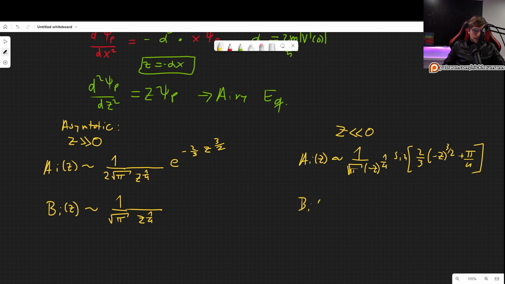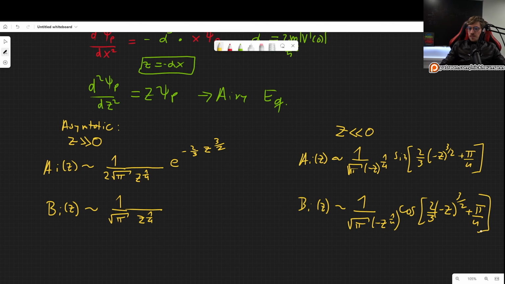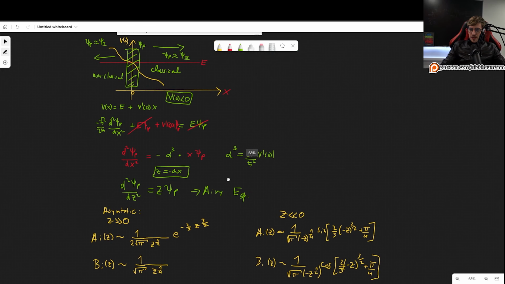And finally, Bi of z goes as 1 over square root of pi times minus z to the 1/4, and cosine of 2/3 times minus z to the 3/2 plus pi over 4. So let me make this very, very clear.